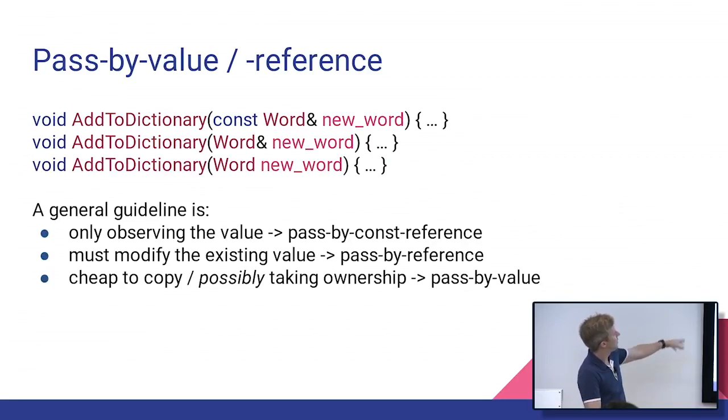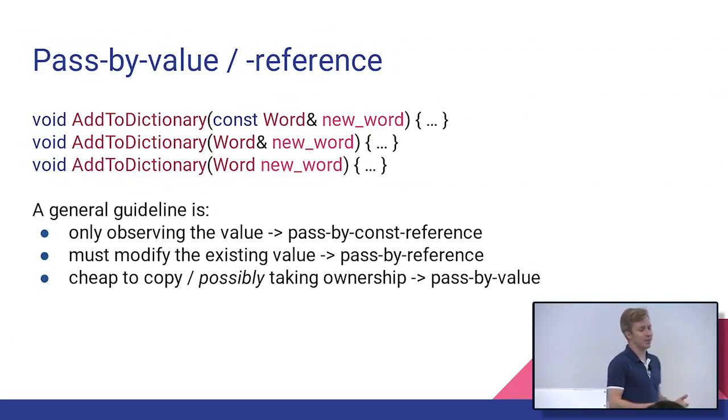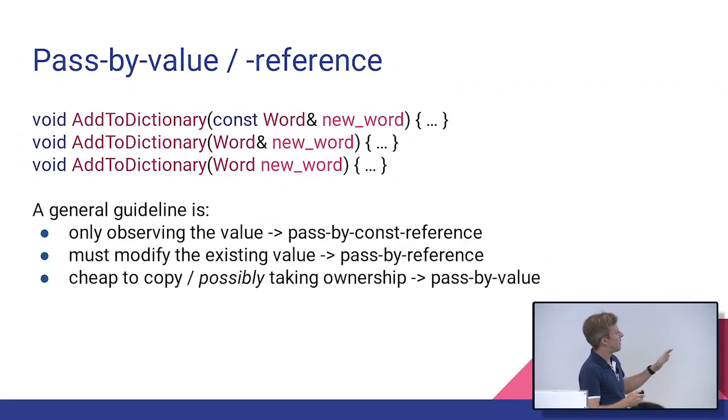Okay, so here are those 3 examples that I gave before, and I want to give a general guideline of when to use which. So the first one, const reference, if you don't plan to ever change it, and if it's kind of heavy to copy, go with that. A better way to say that is if you're just going to observe the value, that's when you use it. If you're doing a normal reference, non-const, that is if you want to modify the thing that they are passing in.